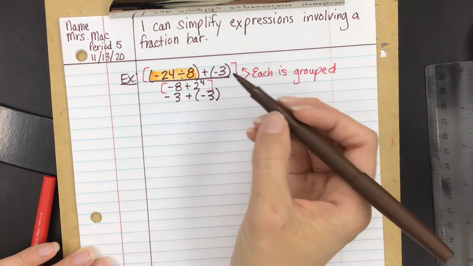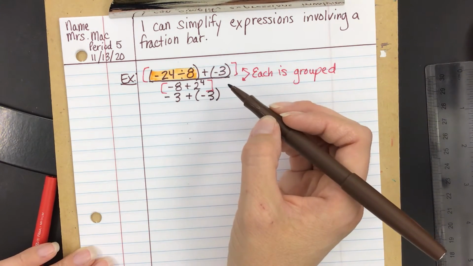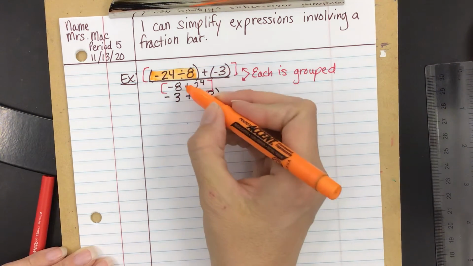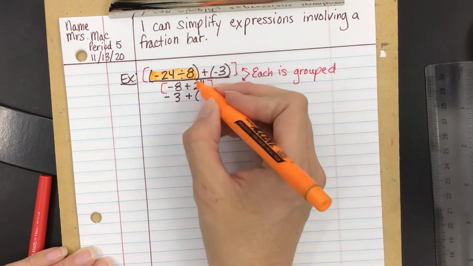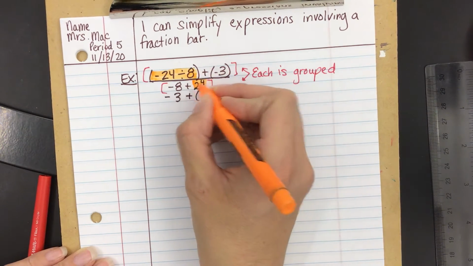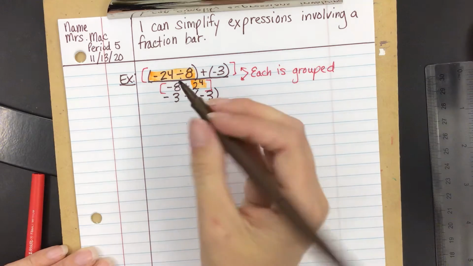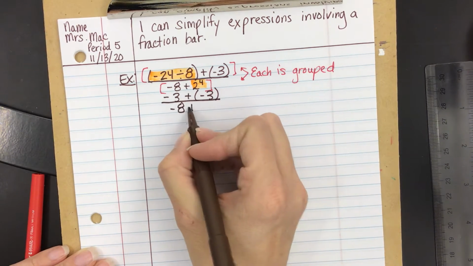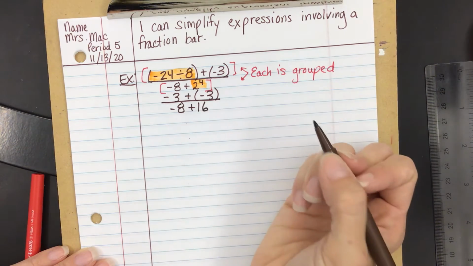Since the bottom and the top have no effect on each other, I can start simplifying the bottom as well. So you have addition and an exponent. I'm going to simplify this exponent first. So this is negative 8 plus 16.